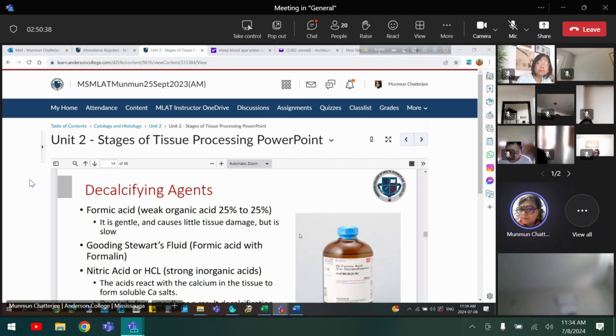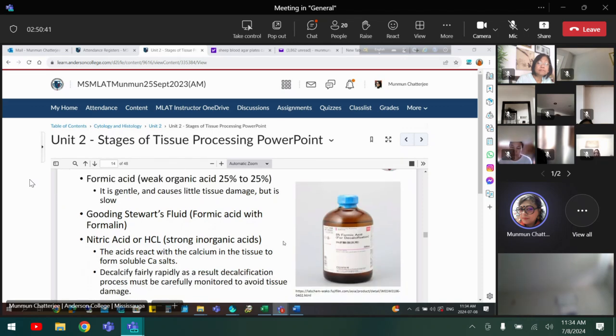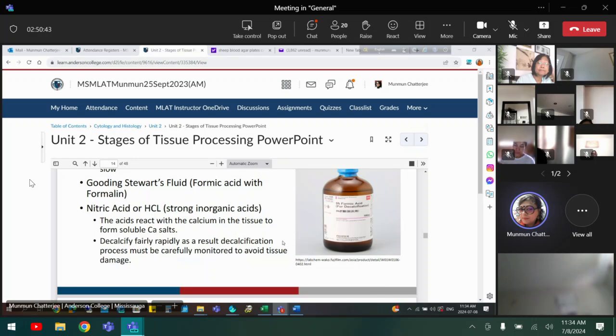We have another type of decalcifying agent, called nitric acid or hydrochloric acid. These are very strong acids. These are mainly used for the bone tissue. The acid reacts with the calcium in the tissue to form soluble calcium salts. They decalcify fairly rapidly. As a result, the decalcification process must be carefully monitored to avoid tissue damage.